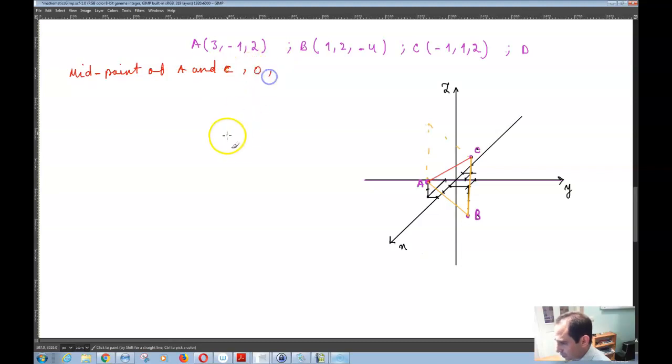the coordinates of O would be basically A and C: (3 plus negative 1) divided by 2, (negative 1 plus 1) divided by 2, and (2 plus 2) divided by 2.